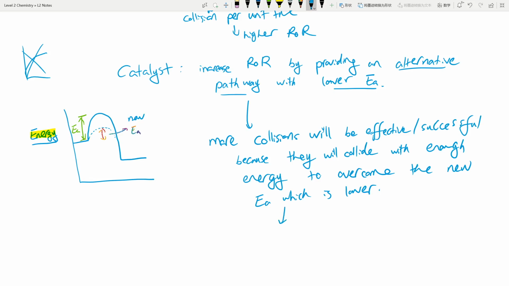So same thing again, more effective collisions per unit time, higher rate of reaction.